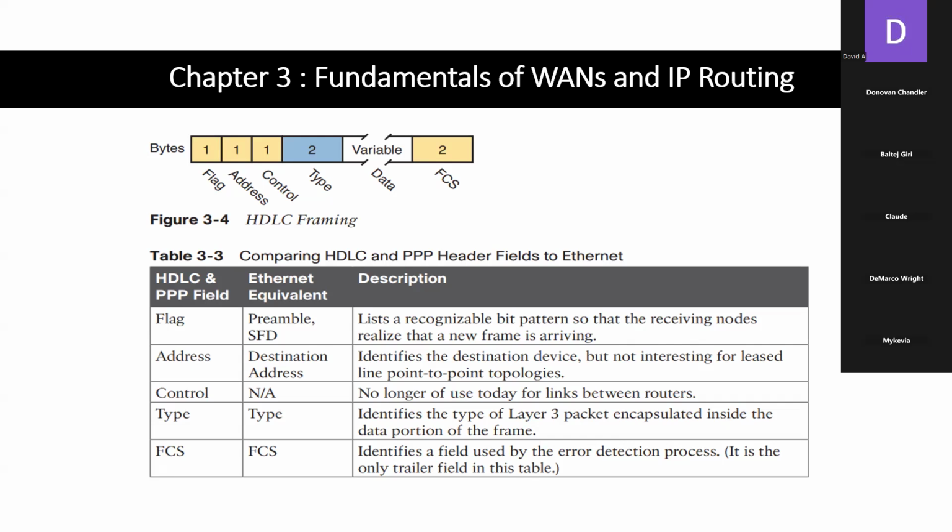For example, the Ethernet data link protocol uses the destination address field to identify the correct device that should receive the data, and an FCS field that allows the receiving device to determine whether the data arrived correctly.